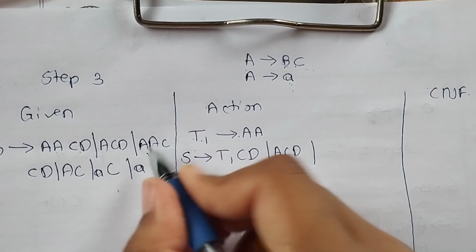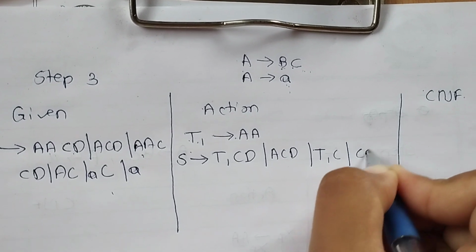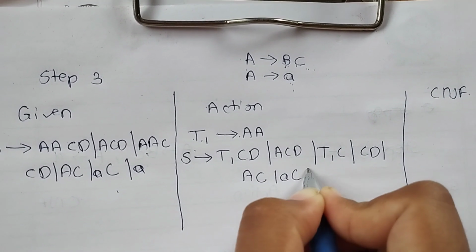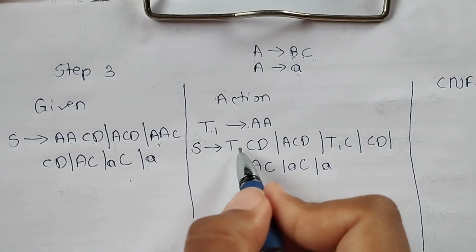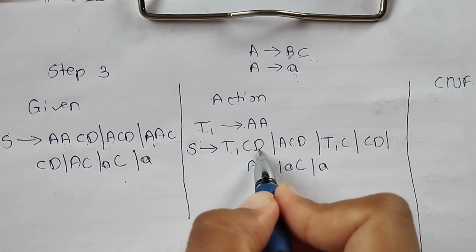Then here AA is also present, so we write here T1C, CD, AC, AC and A. Now here this T1 is one single capital letter and this CD is second.